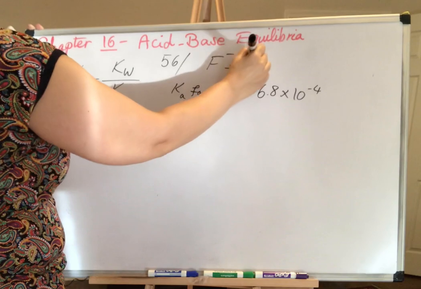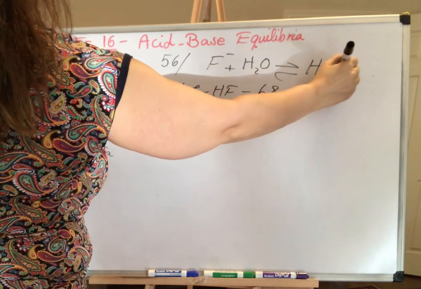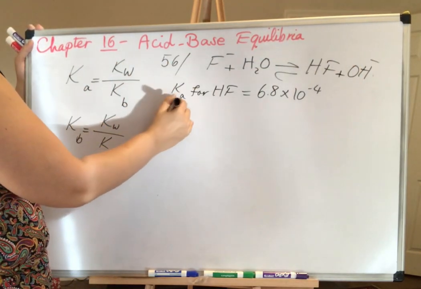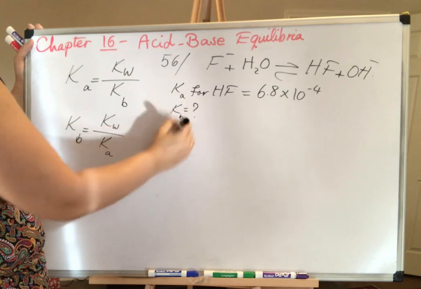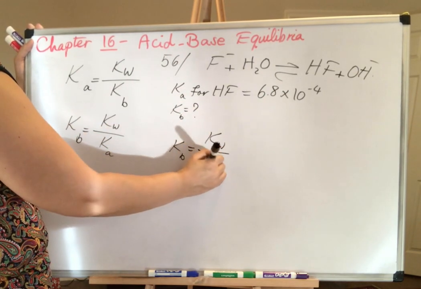So F negative plus H2O gives HF plus OH negative. You are given Ka and you're asked for Kb. Just go with the formula you just learned: Kw over Ka.